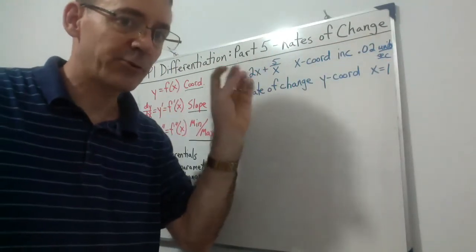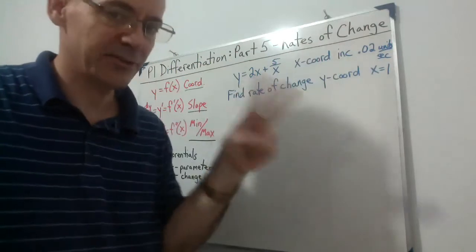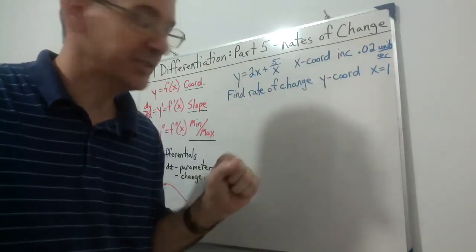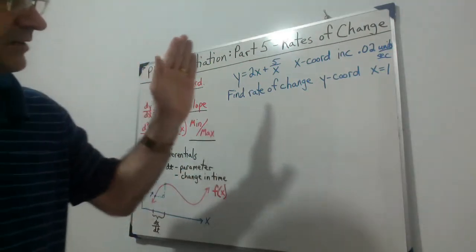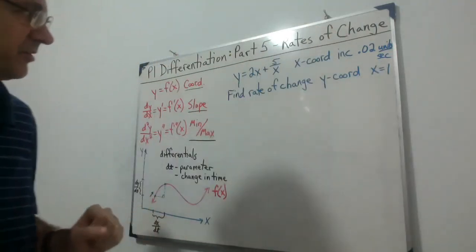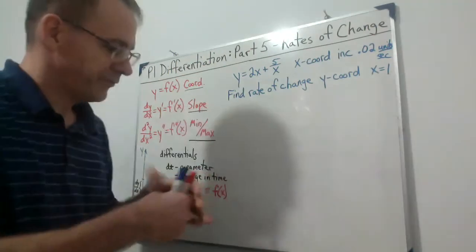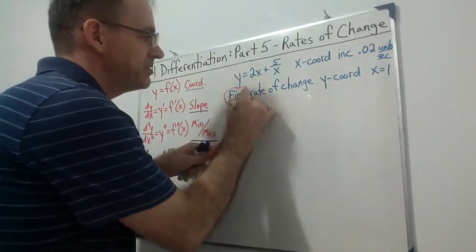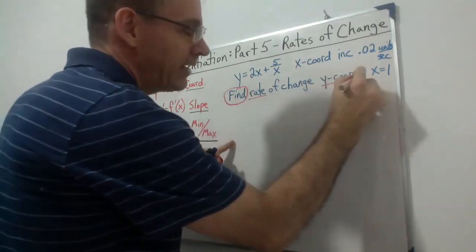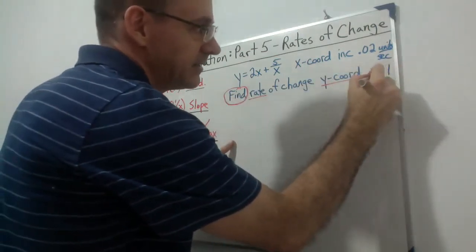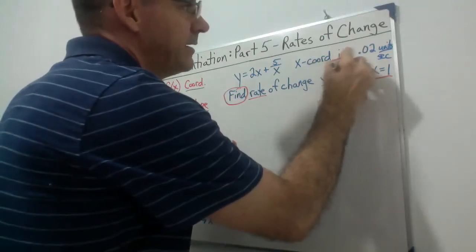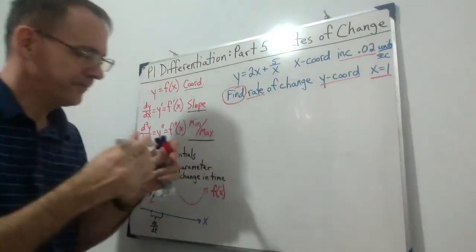Notice it is a rate, units per second. So it's increasing at 0.02 units per second. We need to find our rate of change for the y coordinate at x equals 1.